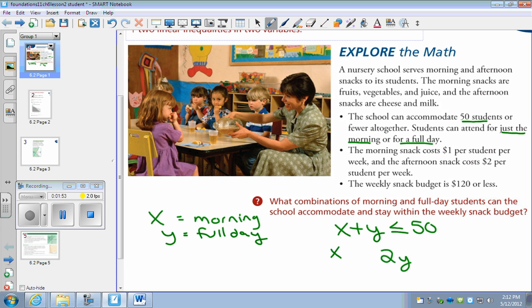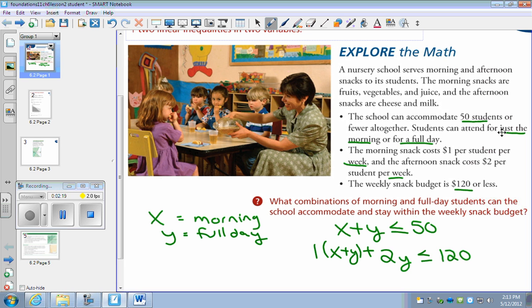So it's X plus Y times $1 for each snack, plus 2Y. And this is already per week. And we know that we have to spend $120 or less. So now what I want to know is what combinations will help us to stay on budget.